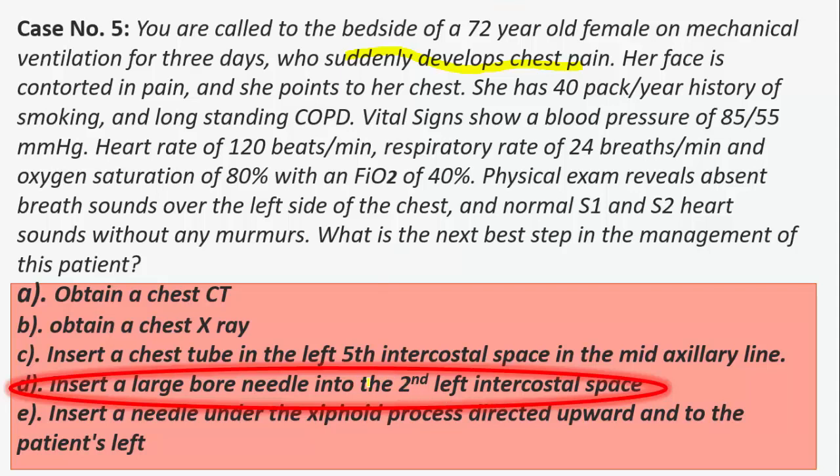Tension pneumothorax should be diagnosed as soon as possible, and treated with insertion of a large bore needle into the second left intercostal space in this case, so that the patient's life-threatening situation can be handled.